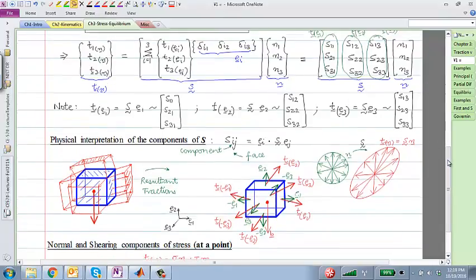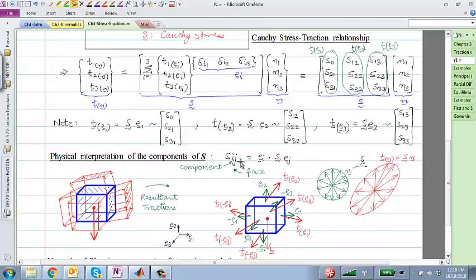If you go by that interpretation, you can clearly see that the second index j relates to the columns of that stress tensor, correct? And the columns of that stress tensor are correlated with the traction vectors on the faces with normal E1, E2, E3. So essentially the second index relates to the face that we are talking about, and the first index relates to which component, 1, 2, or 3, within that face we are talking about.